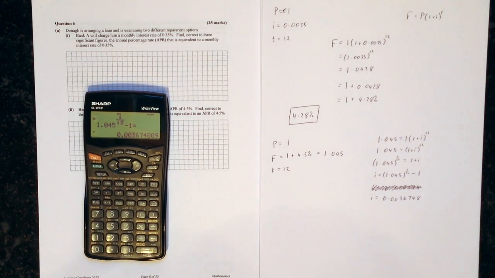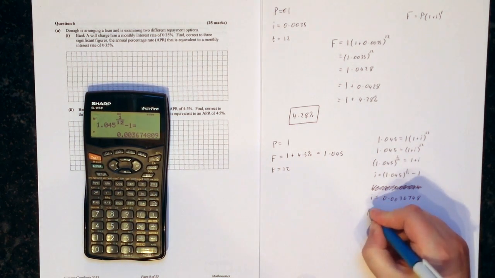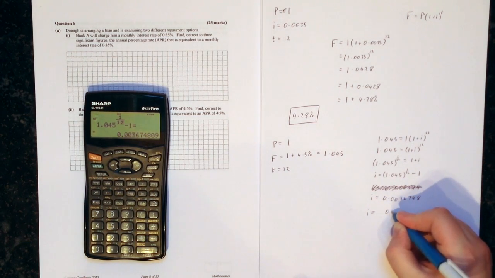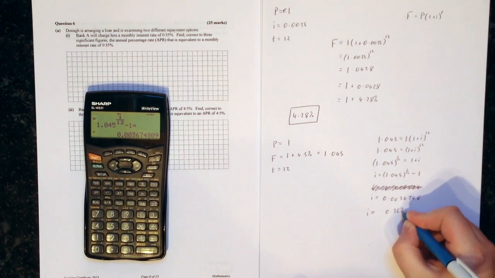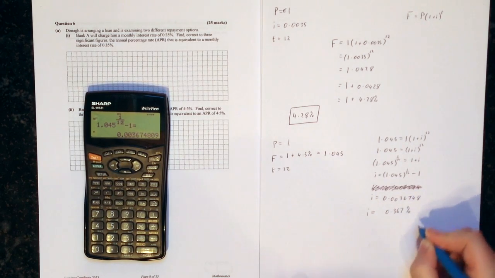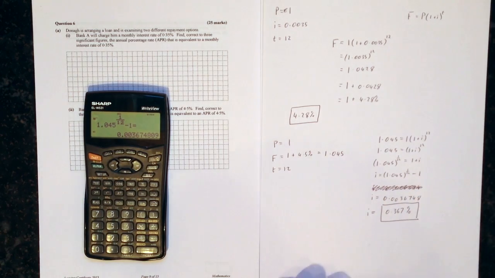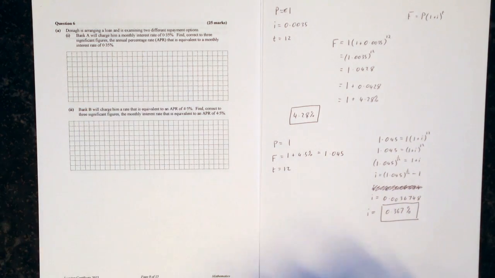Now we want that as a percentage, and we have it as a decimal. We also only want it to 3 significant figures, so I will be equal to 0.367%. So that is the monthly interest rate that will be equivalent to an annual interest rate of 4.5.